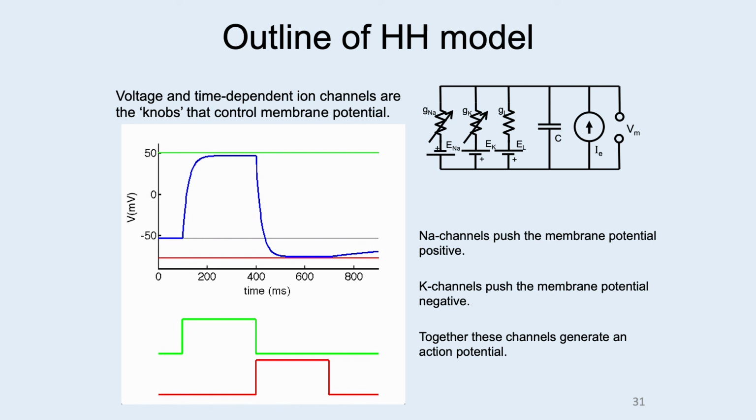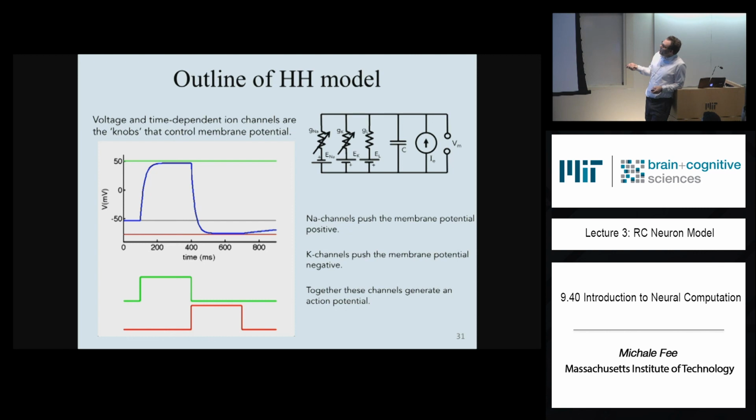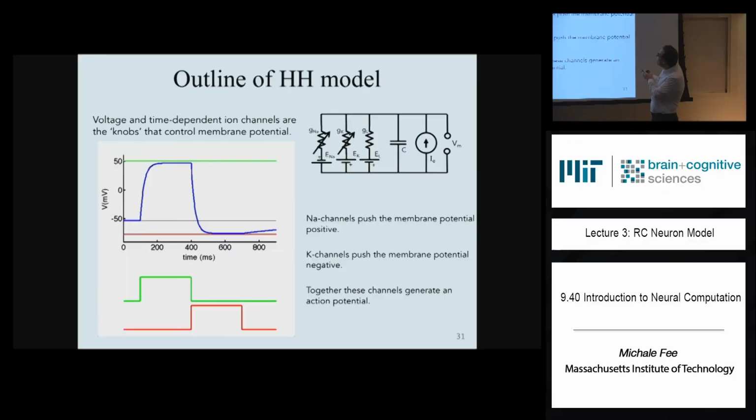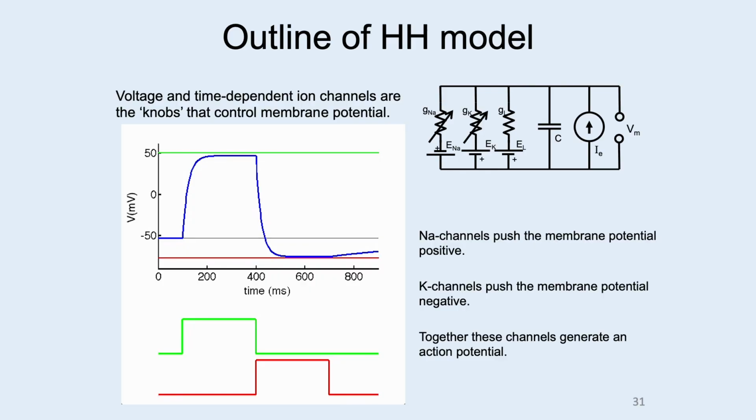But you can see what happens here is that these conductances are actually voltage dependent. So for example, the sodium conductance turns on at higher voltages. When this conductance starts getting bigger, what happens to the voltage in the cell? It starts going up, right? But if this is voltage dependent and it turns on at higher voltage, what happens to the conductance?